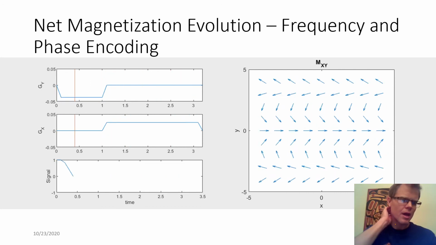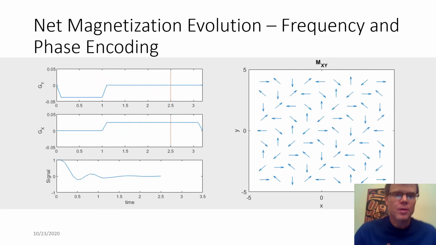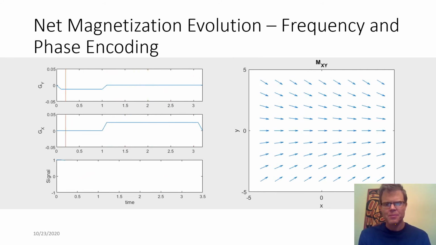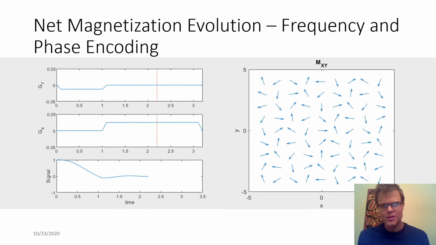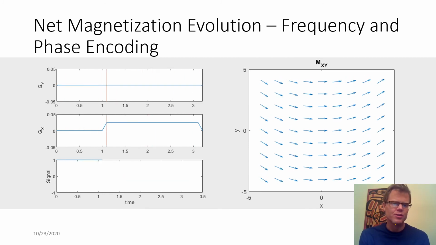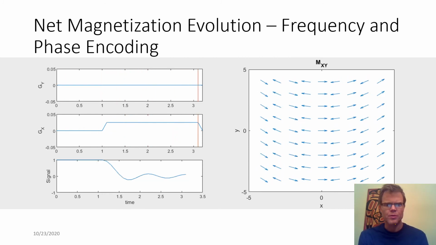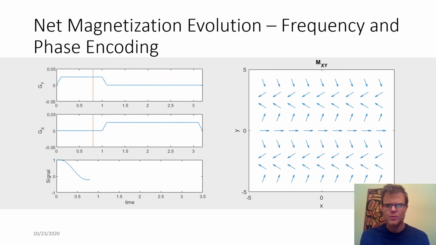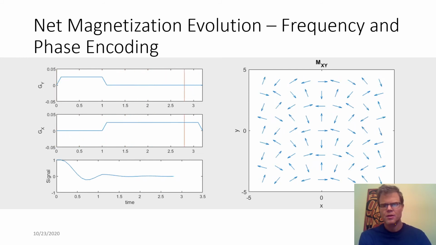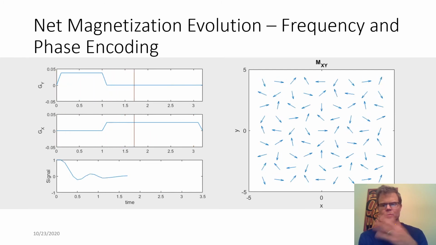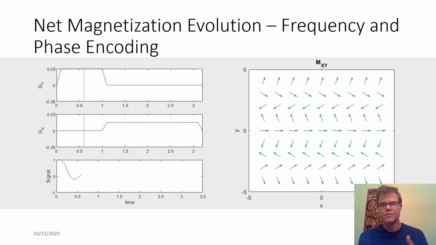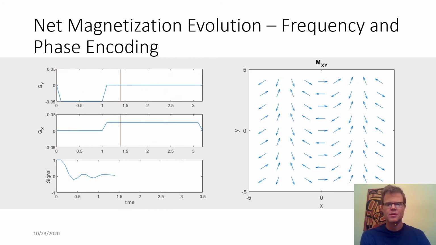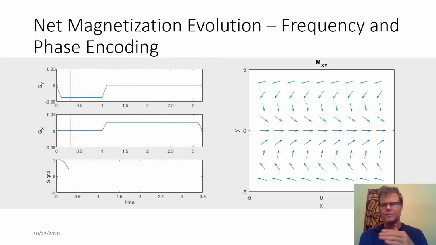And now if we try to add in together both frequency and phase encoding, it becomes very difficult for me to draw this. So I created this little animation here showing what's going to happen, and let's let this run a few times. What you see at the beginning here is we create this rotation as a function of y. So the up-down direction in this plot is the only direction there's any variation.